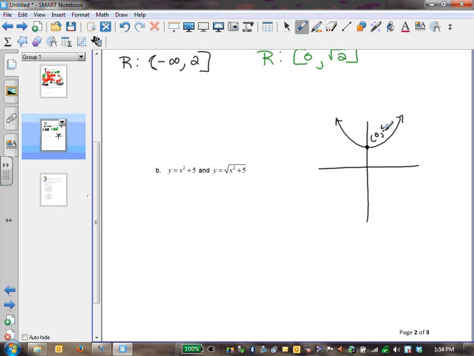Any x-intercepts? No. Any place that the graph will have a value of 1? No. We have surpassed that. So will there be any invariant points between your original graph and your radical graph? No. Perfect. Okay. So what's the next one going to look like?